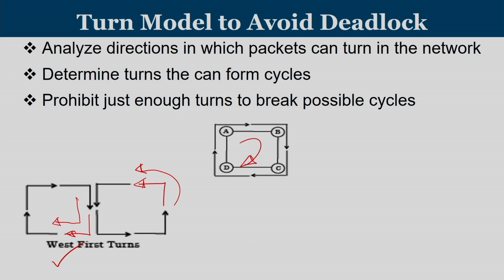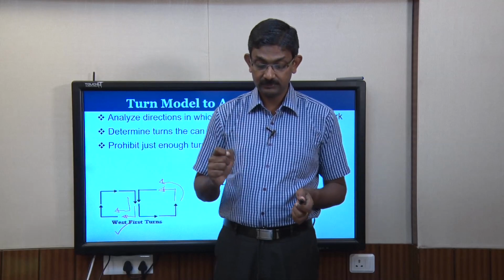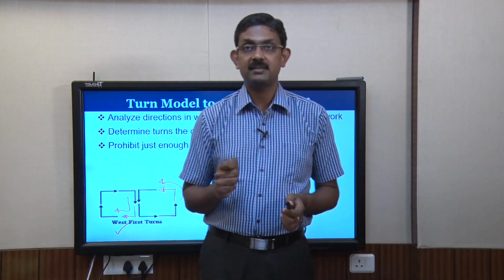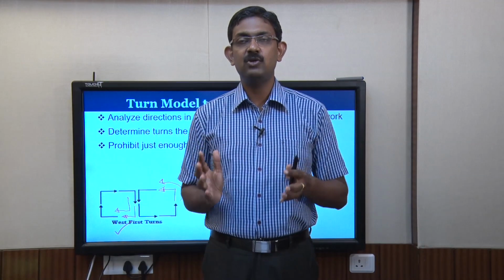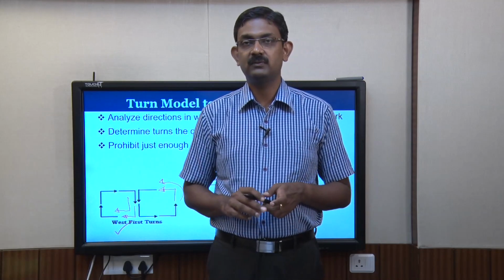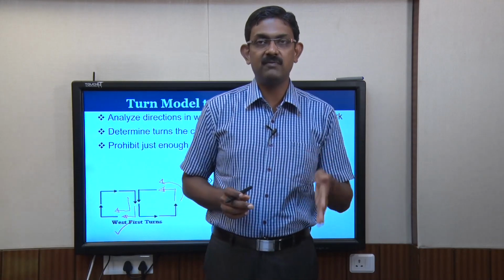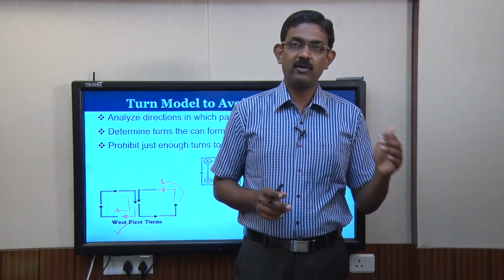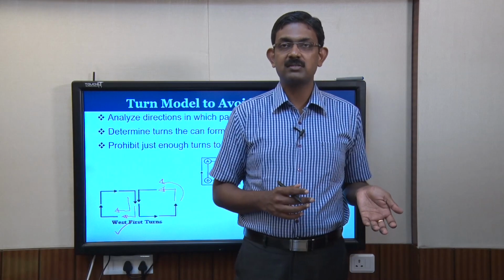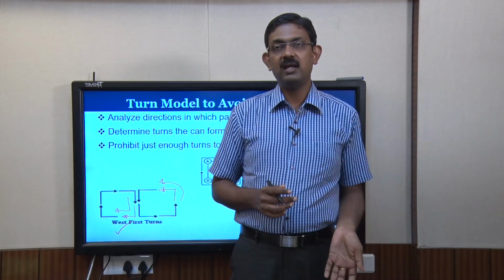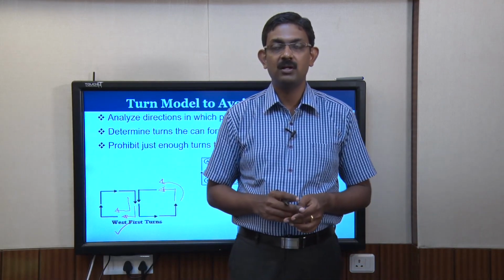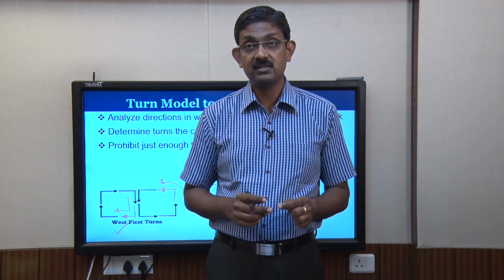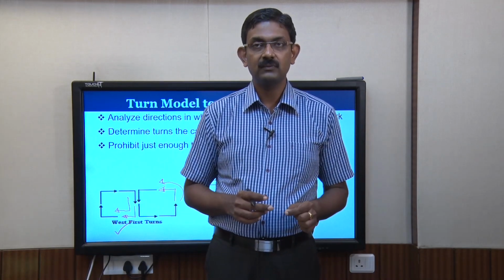So, whenever you want to travel to the west direction, it has to be taken in the beginning itself. When the destination is to the west of the source router, right from the source router take only west turns. At some point you may have to take a north or a south turn. Once you take a north or a south turn, no more west turns are allowed. So, if you want to take a west turn, take it in the beginning.